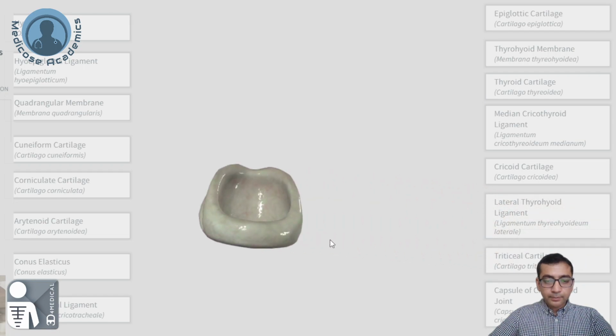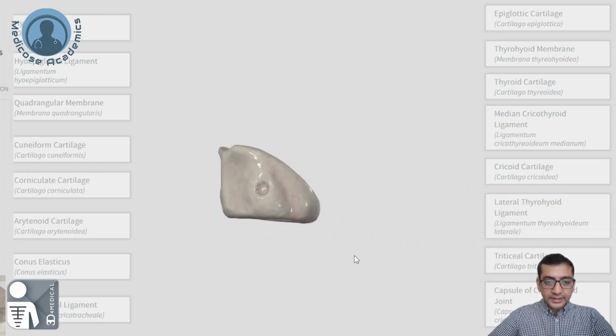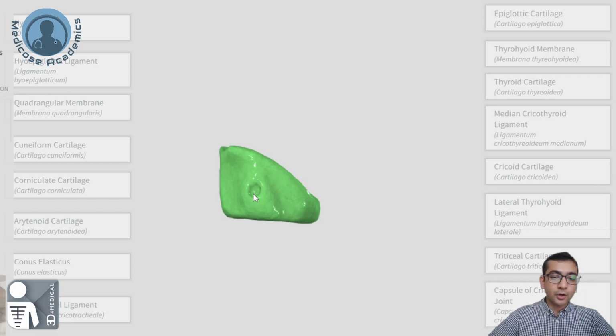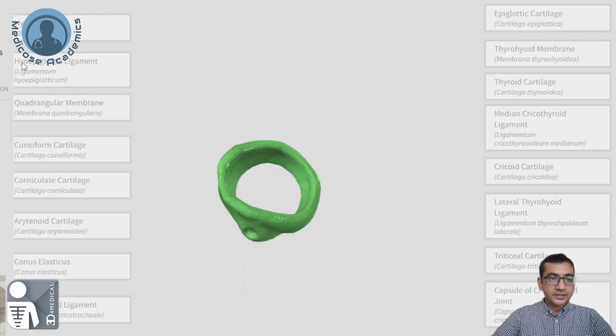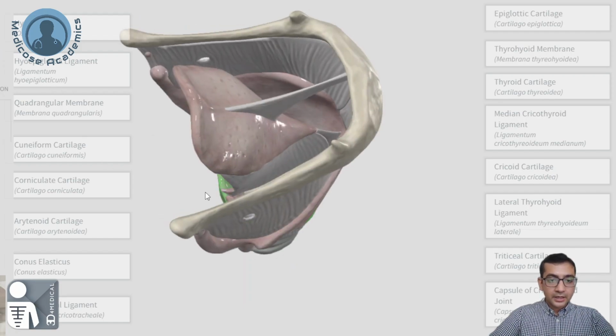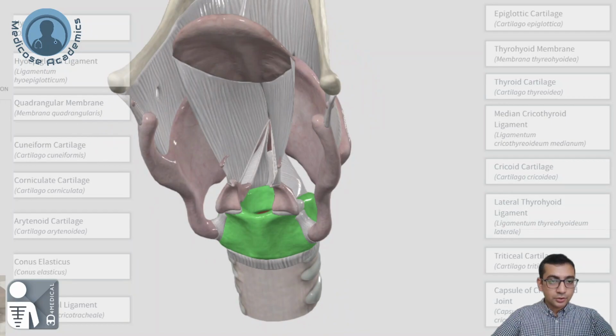It will have the place for two joints on its sides. It will have a placement for the articular surface for the joining of the inferior horn of the thyroid, and on the superior aspect it will have a surface for the arytenoid cartilages. These will be placed on the top of it.